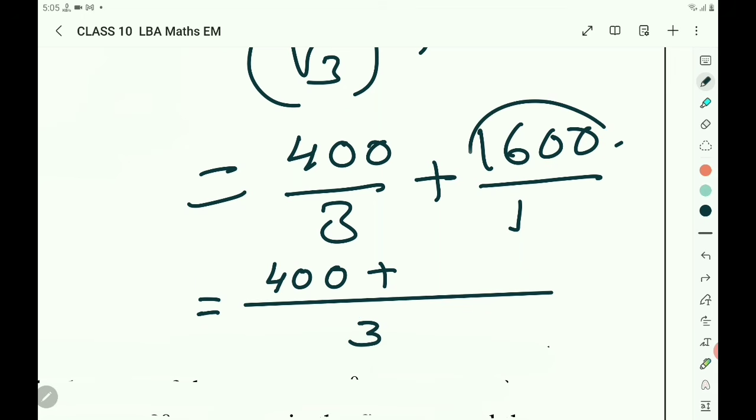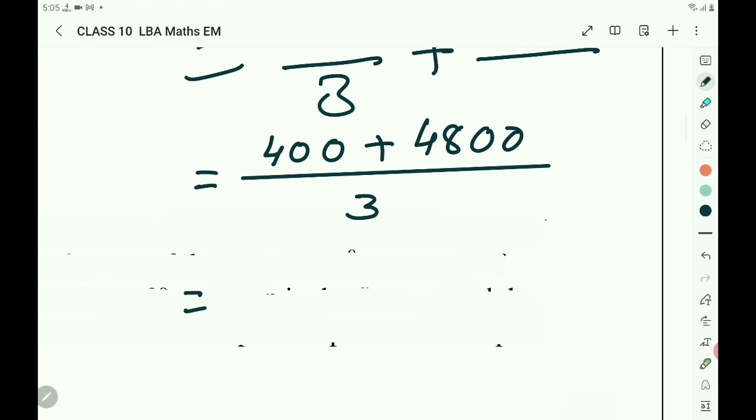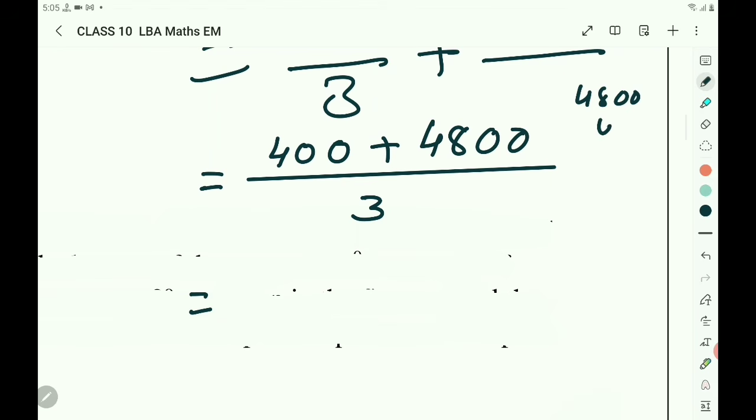Therefore, this 1600 must be multiplied by 3 only. 16 3s are 48, 00, equals 4800 plus 400. 48 plus 4 is 52. You will get 5200. If there is any doubt, you can add it. 4800 plus 400, you will get 5200.